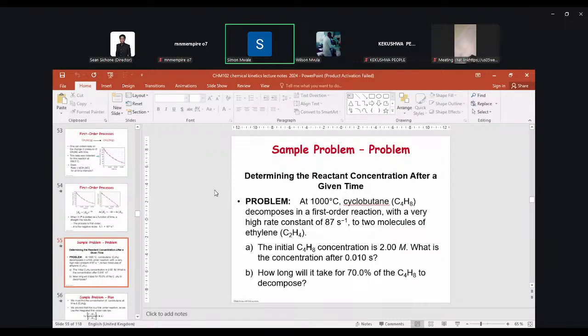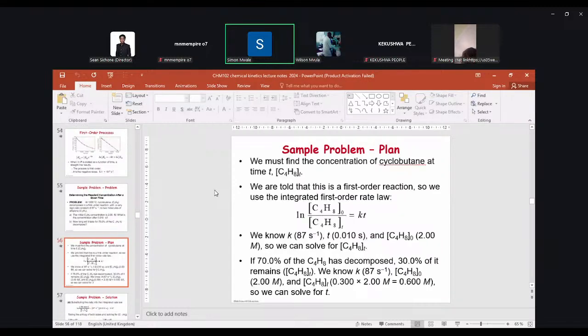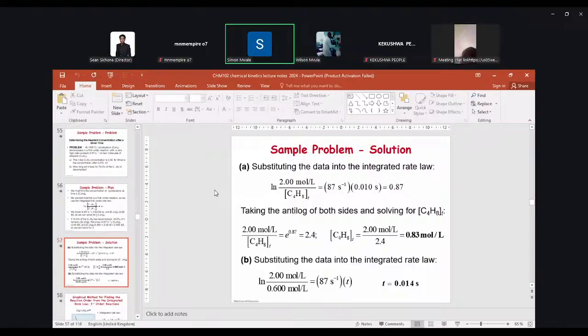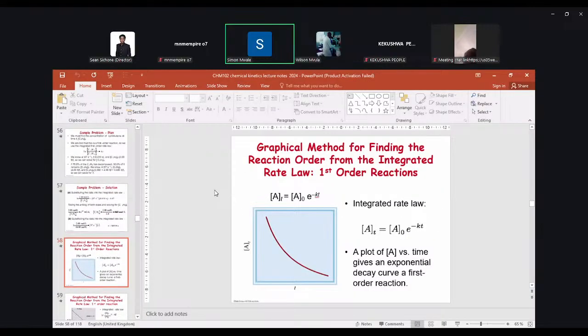Okay, so this was the example I ended up with, and we solved it. We ended at this point here. Just like I said, there are graphical methods. Using a graphical method, you can also look at one of the graphs I gave you earlier, which was the integrated rate law for the first order.